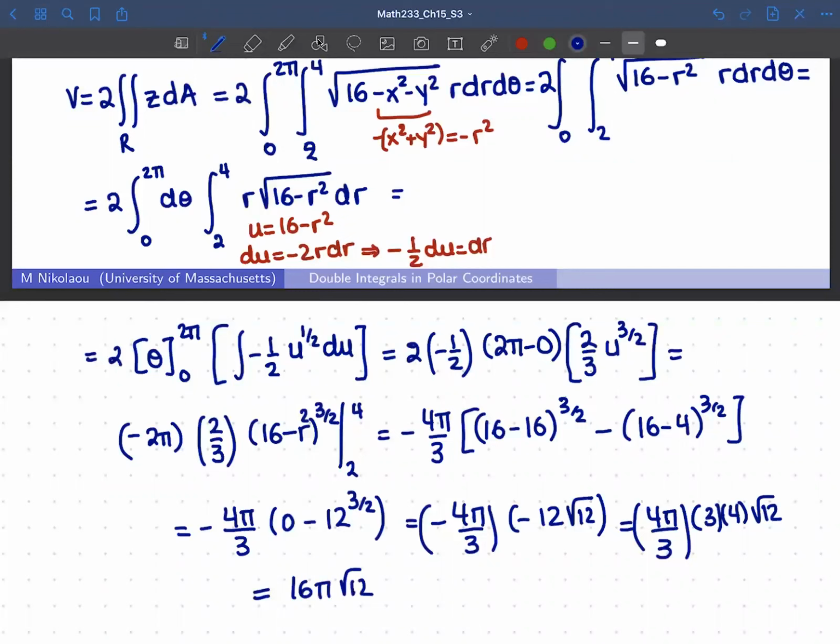I can simplify that a little bit further, and that will give me 32 square root of 3 times pi. So the volume that lies inside the sphere and outside the circular cylinder is equal to 32 times square root of 3 times pi.